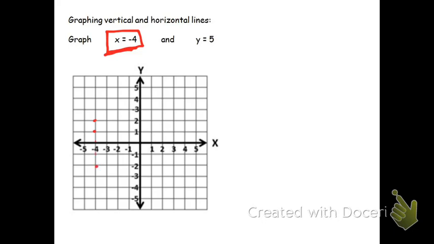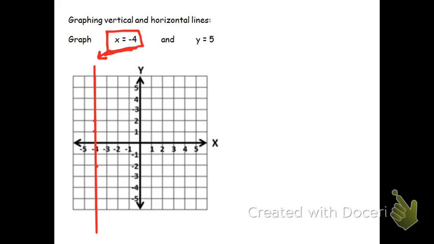So all these points have x-coordinate of negative 4. So when I draw a line through all those points, I get this vertical line. So that's always going to be the case. If x is equal to some constant, it's a vertical line through that number on the x-axis.